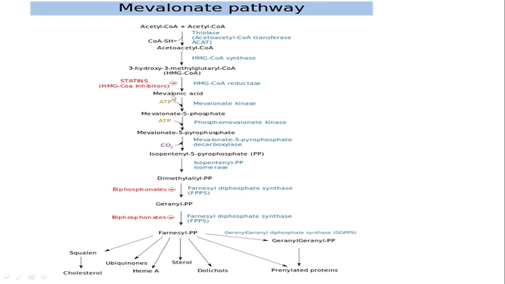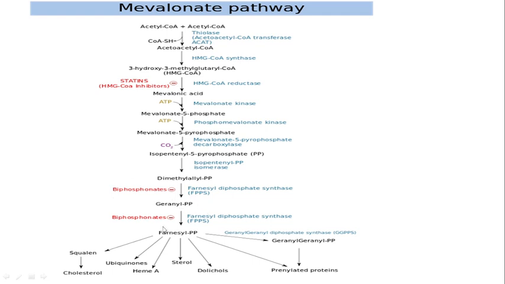So that mevalonic acid is converted into isopentenyl 5-pyrophosphate under different enzymes and different steps. After that, from that isopentenyl pyrophosphate, it will form dimethylallyl pyrophosphate and geranyl pyrophosphate.